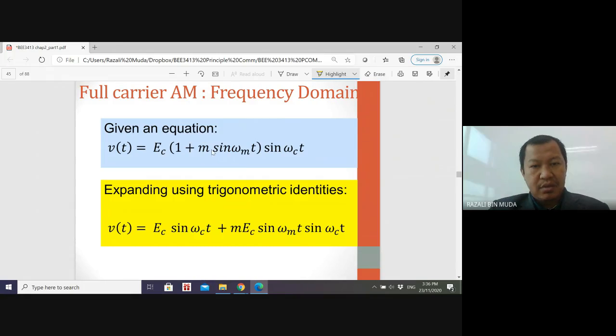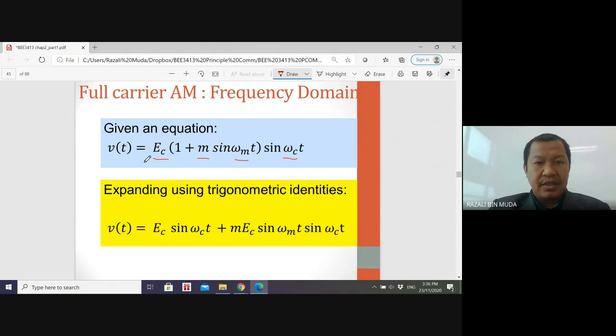This is the modulation index. This is omega m. This is omega c. So this signal consists of a few components. We have the frequency of carrier, frequency of modulating signal, modulation index, and amplitude of carrier.